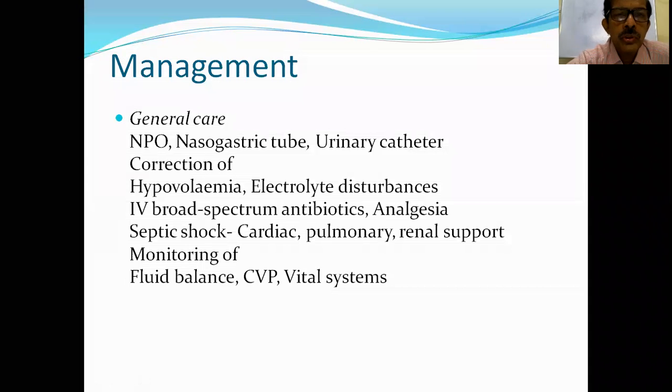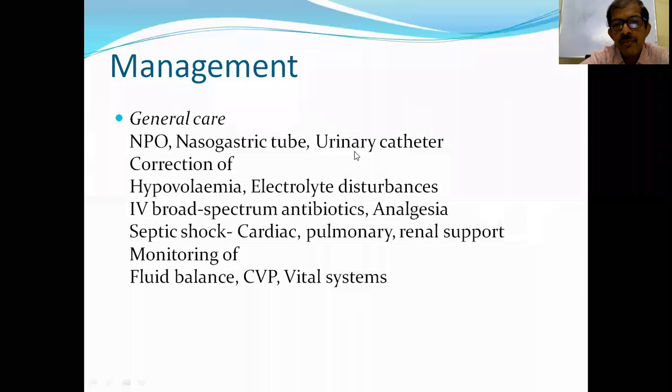So what is the management? Generally what we have to do is immediately institute nil per oral, because you should not further stimulate the bowel. And the bowel is also not able to function properly, so no absorption will take place. So immediately nil oral, then Ryle's tube.